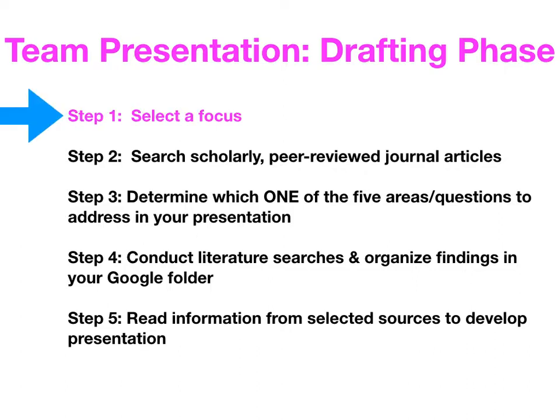So step 1 of the drafting phase. You are going to select a focus with your group that defines the characteristics of students that, if you selected option 1, are participating in general education curriculum with modifications and accommodations.